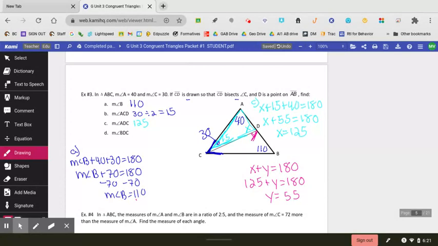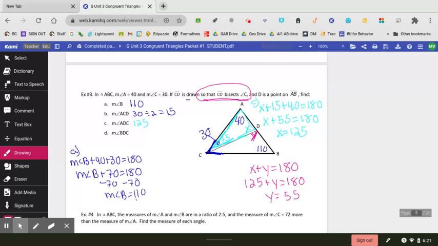The measure of angle ACD is important up here because it tells me CD bisects angle C. Therefore, bisects means cuts in half, so 30 divided by 2 is 15. To find the measure of angle ADC, which I named x, I'm looking at this turquoise triangle. So that's x plus 15 plus 40 equals 180. I solve that and I get x equals 125.